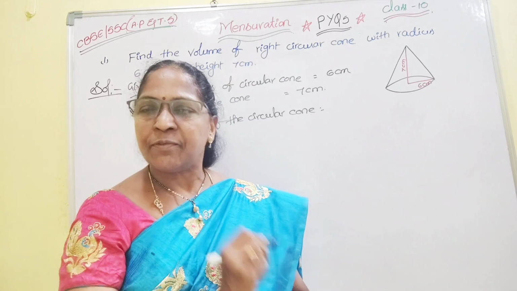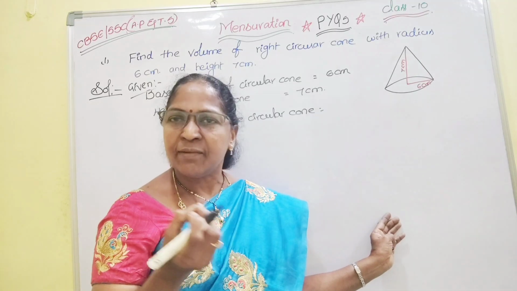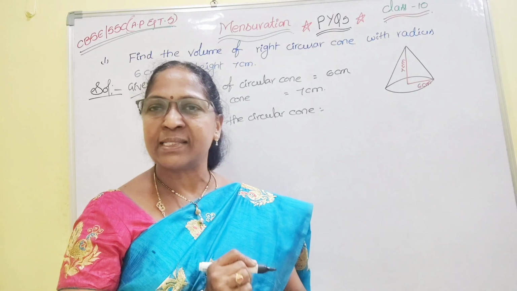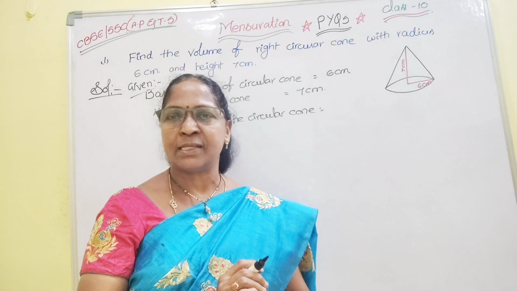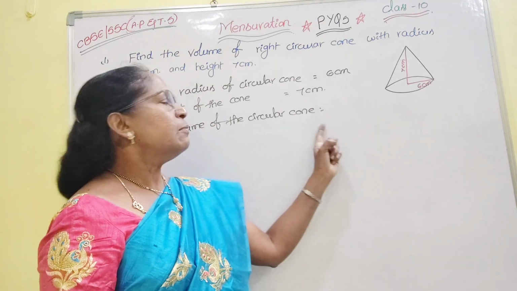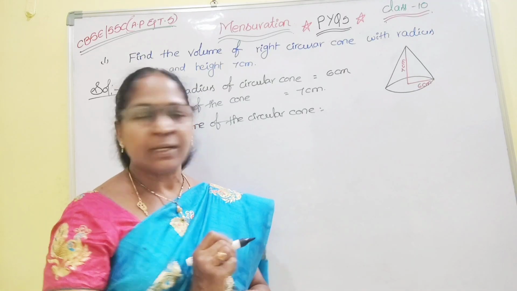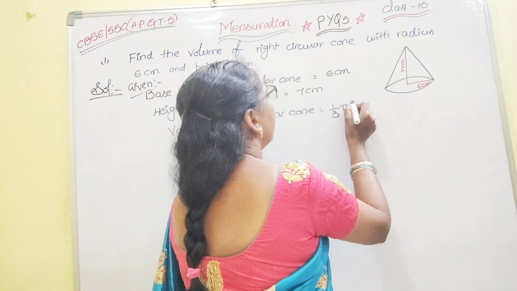If you don't know that formula, you cannot get even a single point. So first you have to learn the formulas by heart. That is very, very, very important. The volume of the circular cone equals 1/3 pi r square h. That's most important: 1/3 pi r square h.